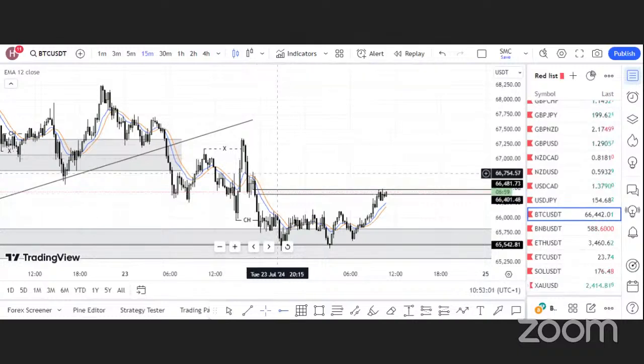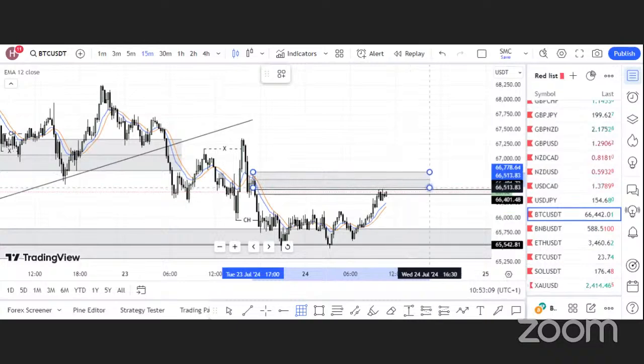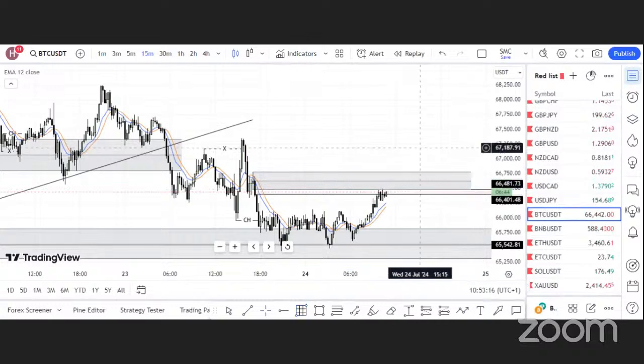And just above the fair value gap, we have an order block. So we have a fair value gap, and we have an order block.